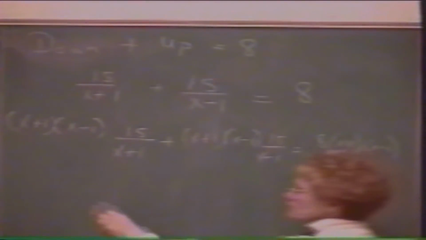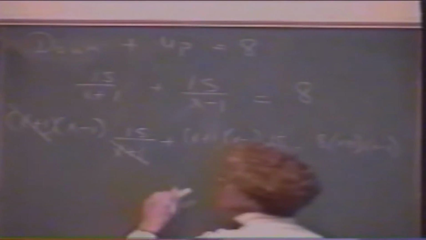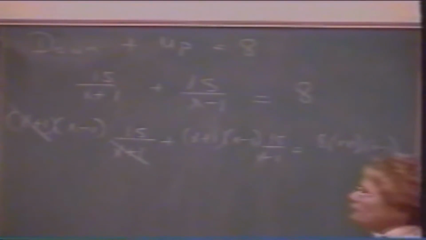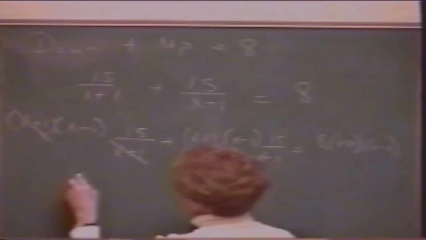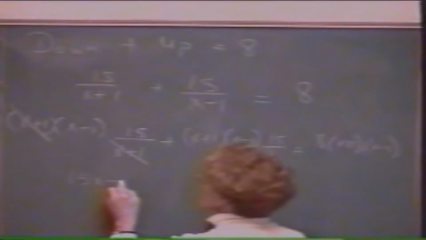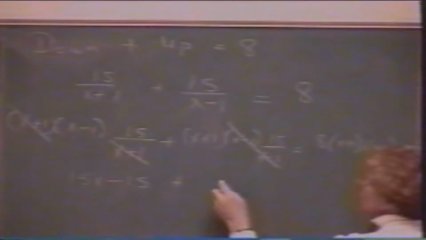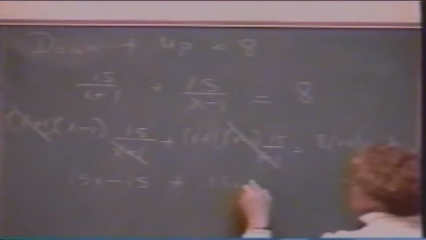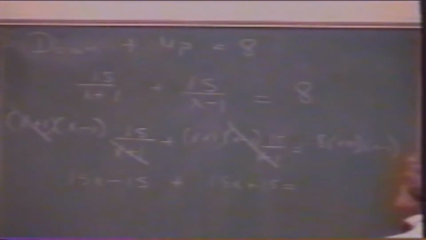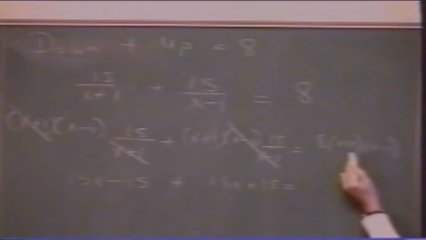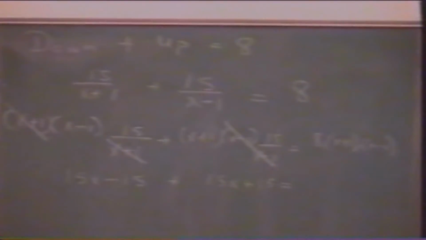Okay, so when we cancel off our x plus 1s in the first one, we have to multiply 15 times x minus 1, so we get 15x minus 15. Here we cancel our x minus 1s, we get 15x plus 15. And over here, you've got to use the full method on the x plus 1 and the x minus 1, and then multiply by 8 because nothing cancels.